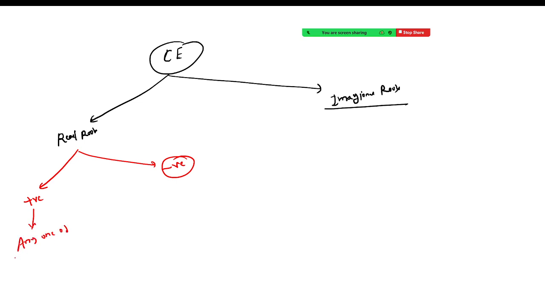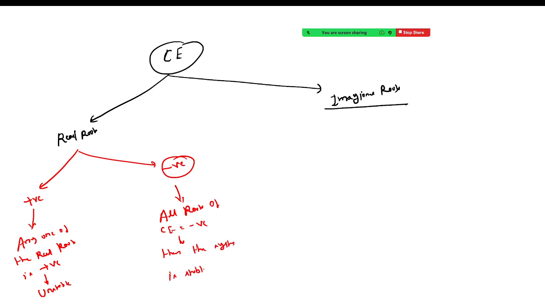If any one of the real roots is positive, then the system is unstable. But if all roots of the characteristic equation are negative, then the system is stable. Fine.